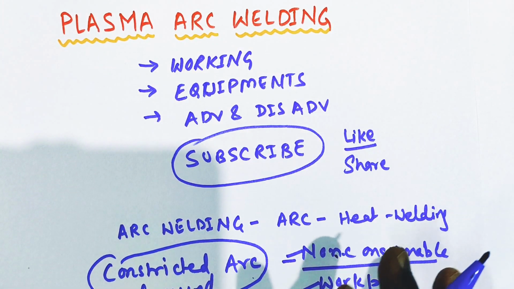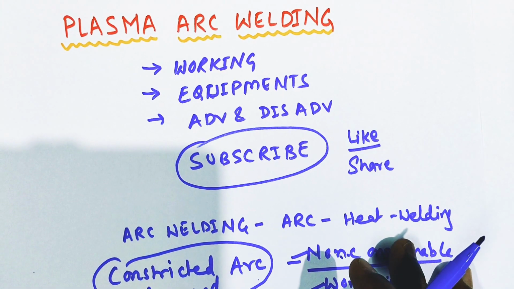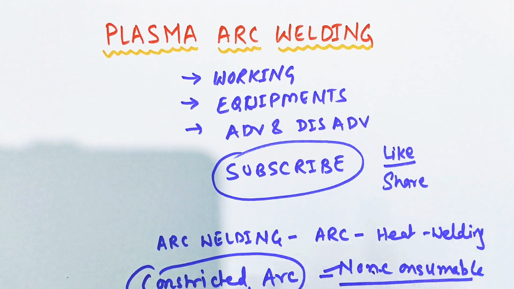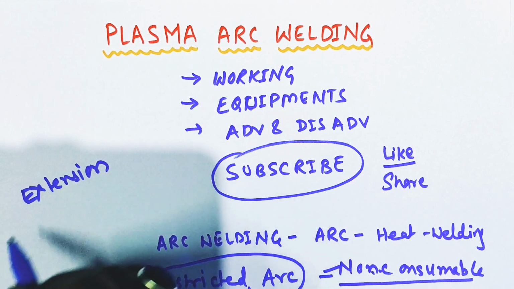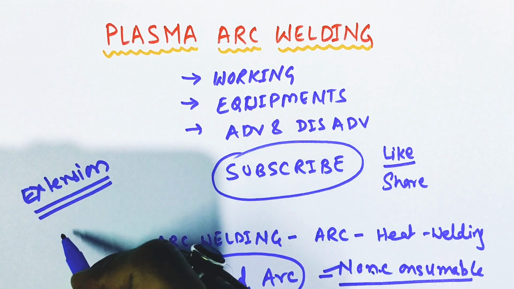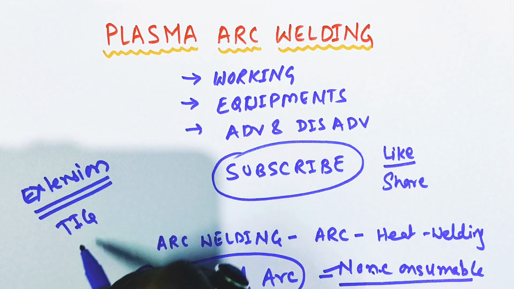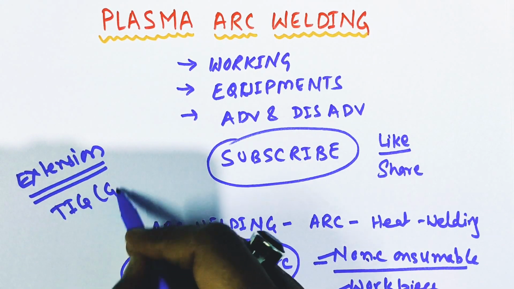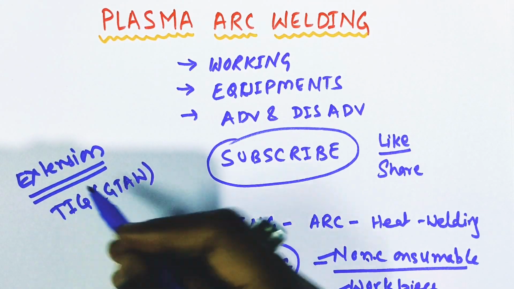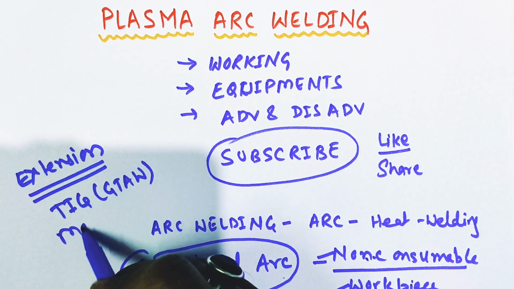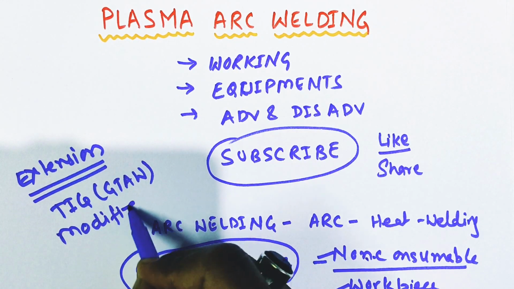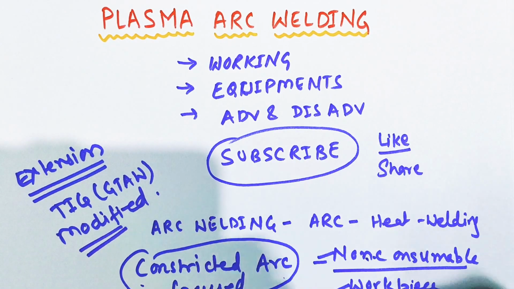Here one more thing I would like to tell you, please remember this: plasma arc welding is essentially an extension of the TIG welding process, or gas tungsten arc welding. Rather than extension, we can also use the term modification. So this is a modified version of TIG welding.